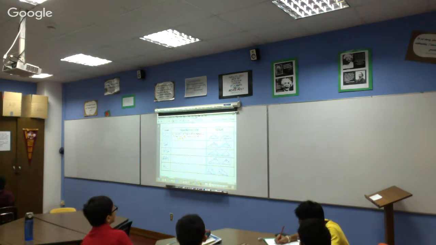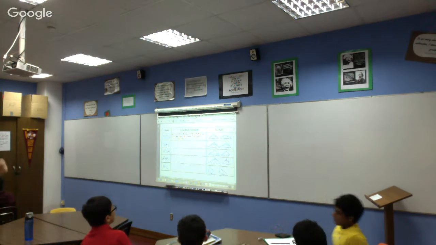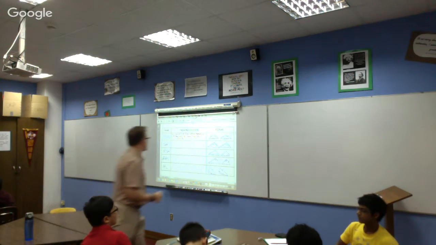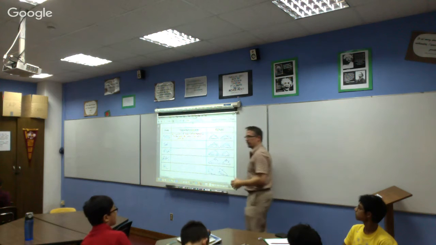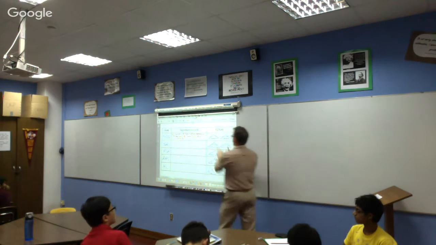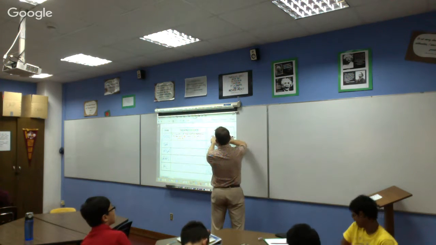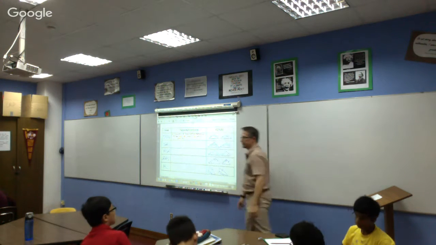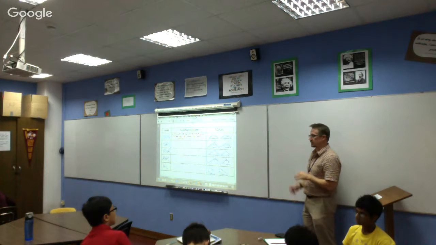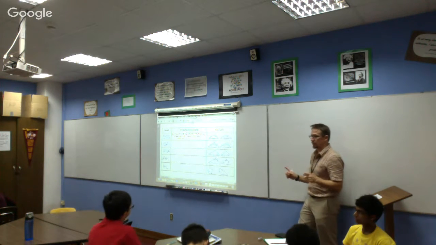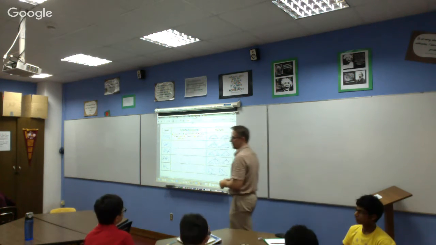It means that the 3 corresponding pairs of sides are congruent. Now, I drew this very basic, very simple so that they match up really easy. Okay? 1 pair, 2 pair, 3 pair.